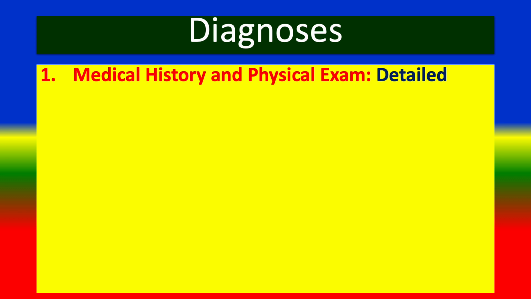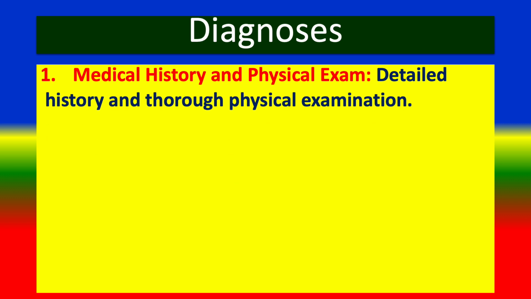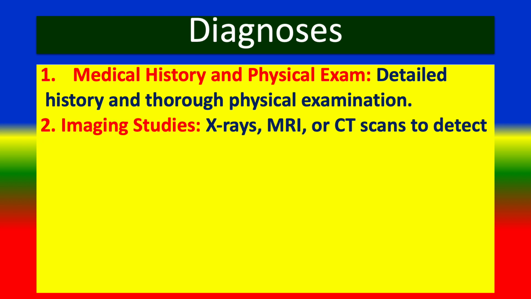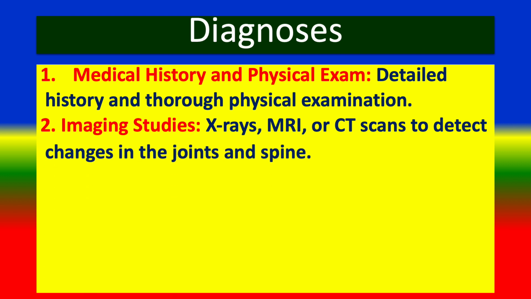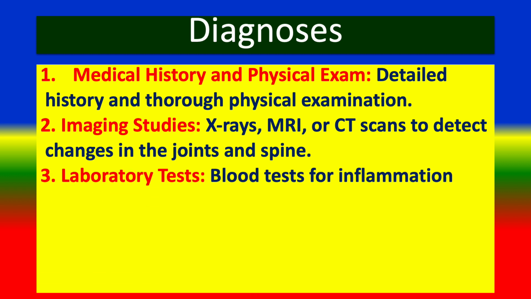Diagnosis. 1. Medical history and physical exam, a detailed history and thorough physical exam. 2. Imaging studies, X-ray, MRI, CT scan to detect changes in the joints and spine. 3.